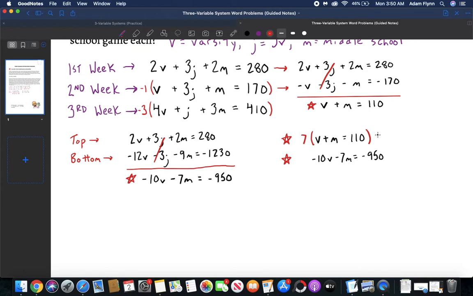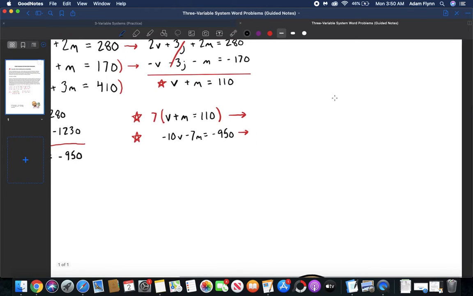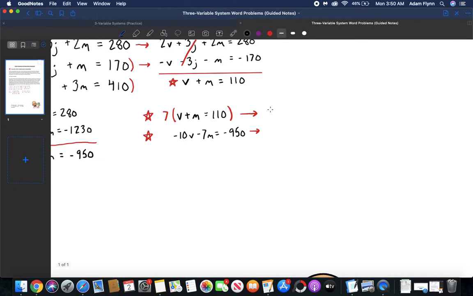To do that, I can scale by 7. So when I do that, I will have 7v plus 7m equals 770, and my bottom equation is not changing at all. I still have negative 10v minus 7m equals negative 950.